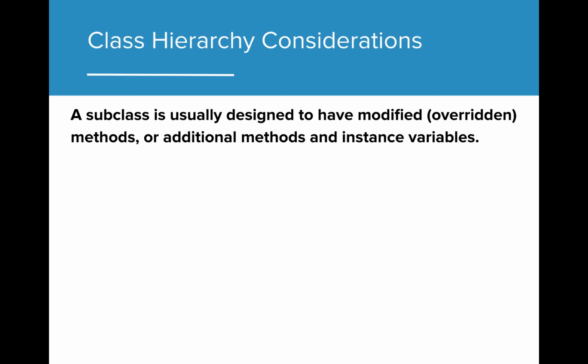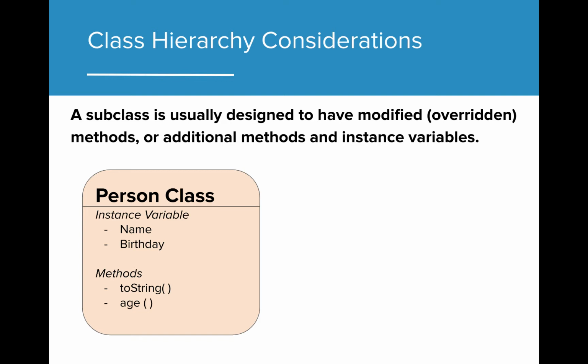When we consider our design for our class hierarchy, methods and variables that will be used by all the classes are generally put in the superclass. We build out the subclasses to add additional methods and instance variables for our more specific classes. As an example, let's consider the person and student classes again.